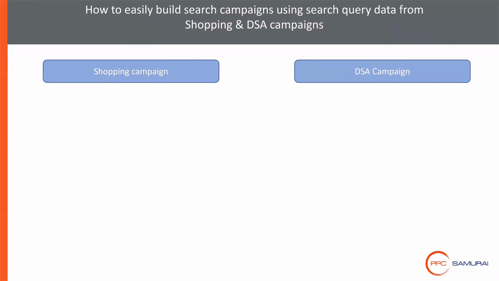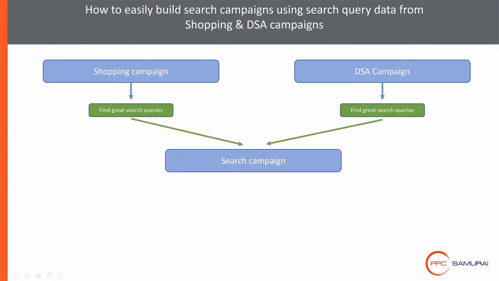So we need a process that, first of all, looks for the search queries that you determine are really good quality. Then we need a search campaign to pop those search queries into. And we need a way to show relevant ads to all these search queries that you're dropping into the search campaign.